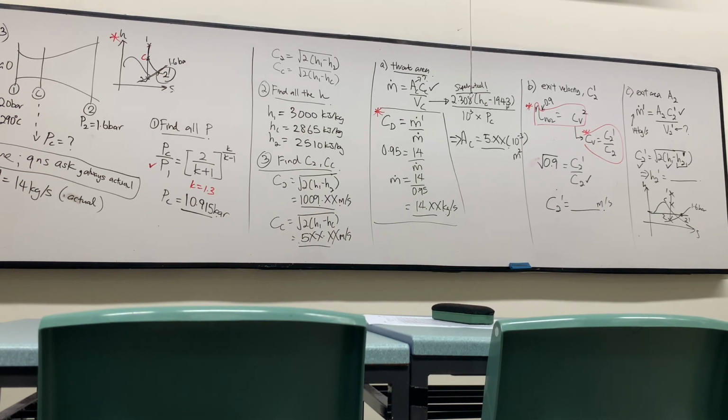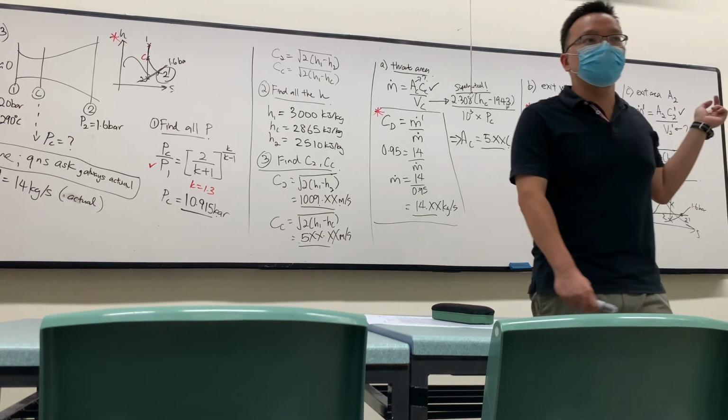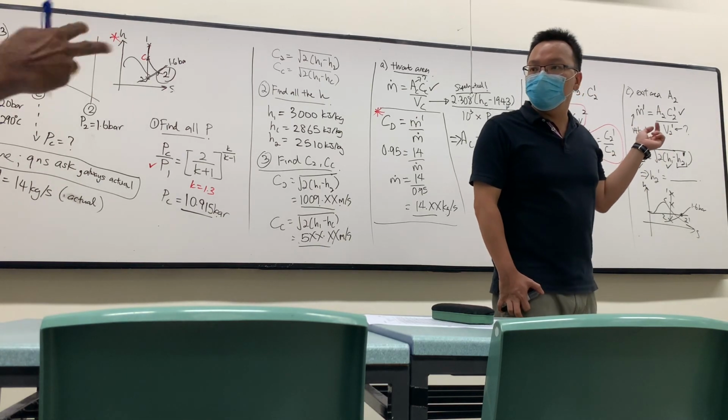Why do you have 1,000? Oh, wait, sorry. This one here, this one can be so small. Okay, answer or no answer? Yeah.